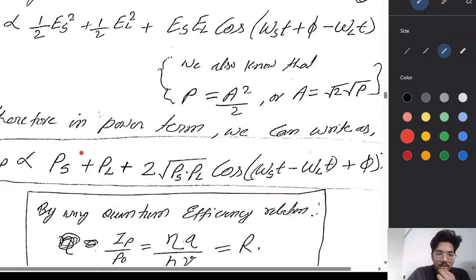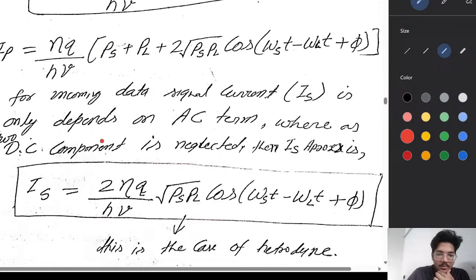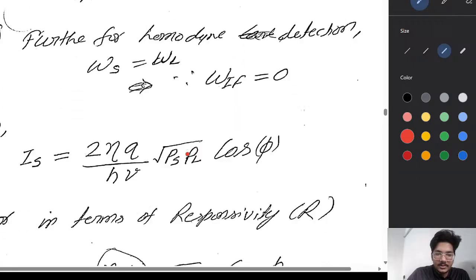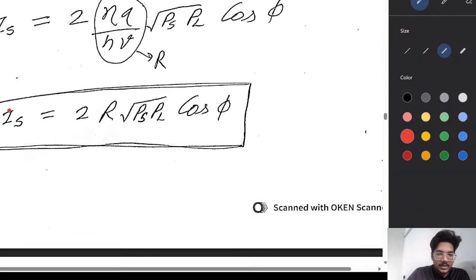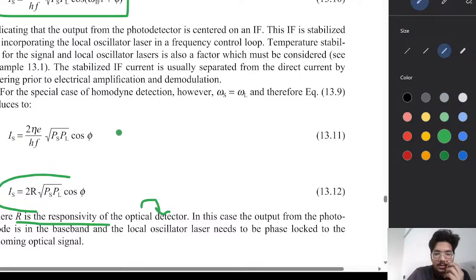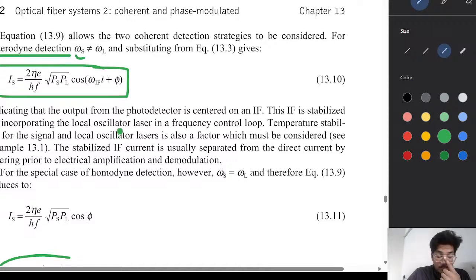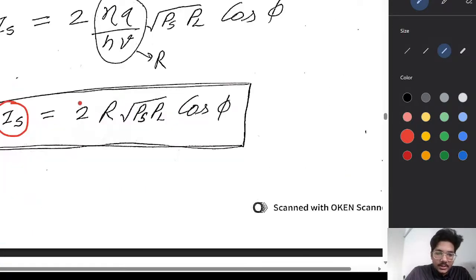After combining, with the quantum efficiency, we can see this for the incoming data signal. So this is the full derivation, and finally R is equal to 2 times R root of P S and P L cos of phi.